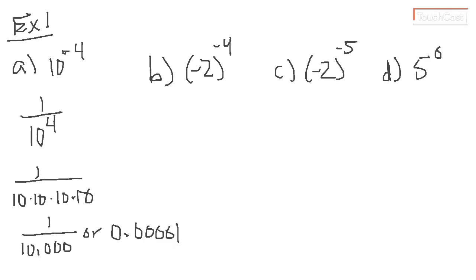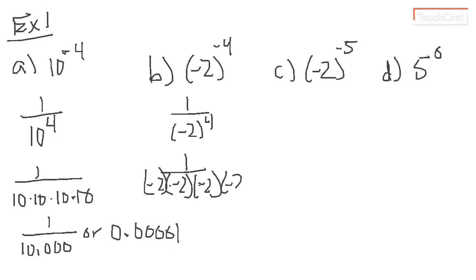Let's look at B now. We've got negative 2 to the negative fourth power. So the first thing we're going to do is write this as 1 over negative 2 to the fourth power. Now we can expand that power out. We're going to go 1 over negative 2 times negative 2 times negative 2 times negative 2.